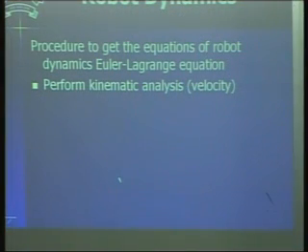First, you have to set up your configuration for the robot, and then perform kinematic analysis. By kinematic analysis, I mean basically the velocity analysis. Then this velocity analysis you have to use for finding the kinetic energy. And you remember what expression we use for kinetic energy?